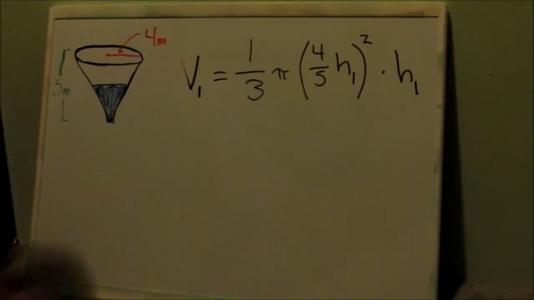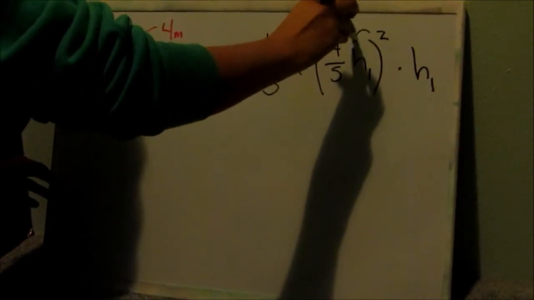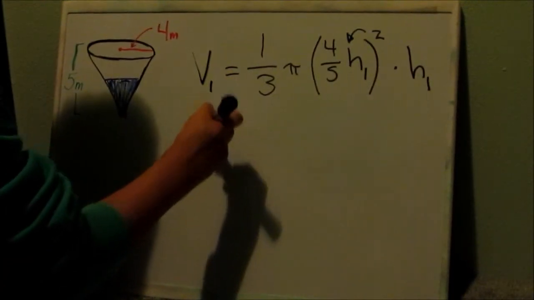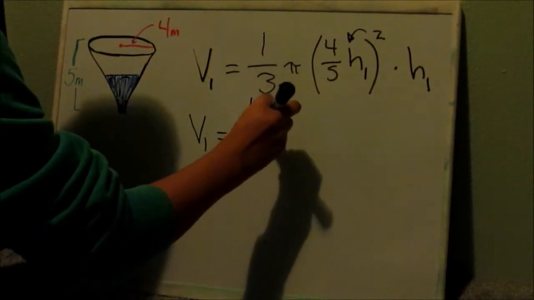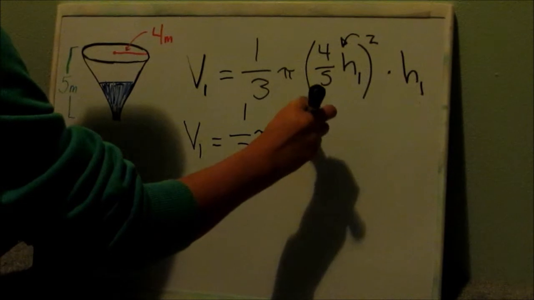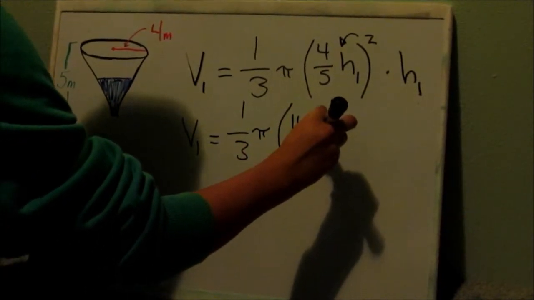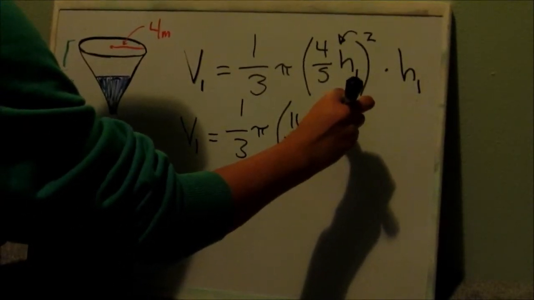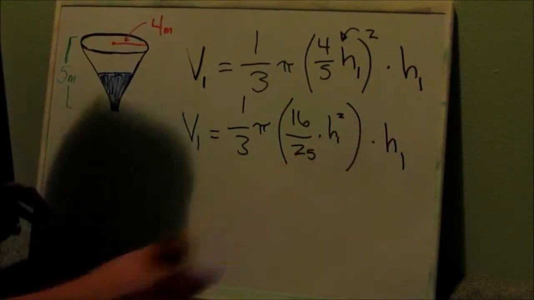To simplify, we can first enter in the power of 2. V sub 1 equals 1/3 pi. 4 squared is 16. 5 squared is 25. Times H sub 1 squared times H sub 1.